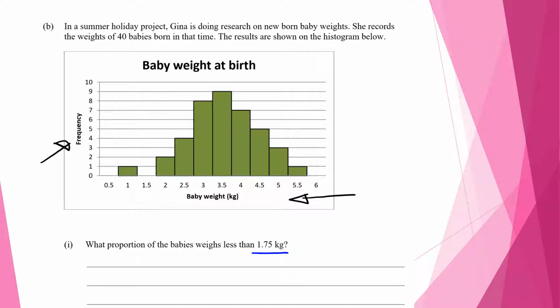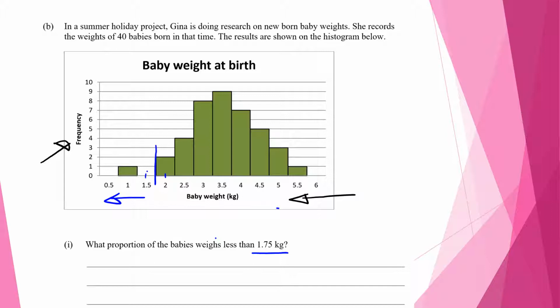So there's 1.5 and there's 2, so less than 1.75 would be this range below here. You can see we've got none in this bar, but we've got 1 sitting in this bar here.